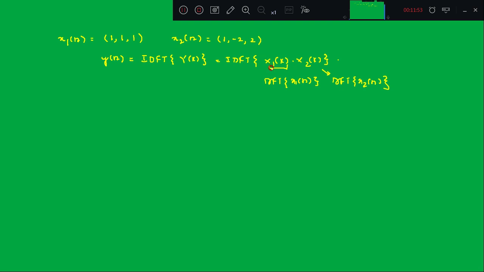So our job is to first find the DFT of the first sequence x1 of n, which is x1 of k, then find the DFT of the second sequence x2 of k, multiply, and on the multiplied sequence you perform IDFT, so that you will finally get y of n. So how to start? So this is the frequency domain approach. I will write here frequency domain approach.